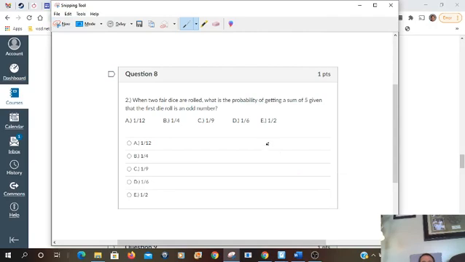The first die roll is odd, so 1, 3, 5. But then when you're trying to sum to 5, that bottom number can't be 5, because 5 plus anything is not 5, because remember there's 2 dice we're dealing with now. And so that's not going to work with this one. But the other ones will definitely work.